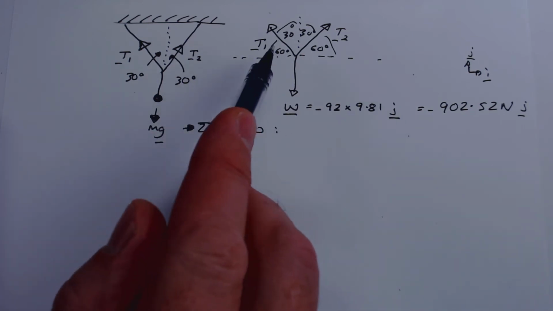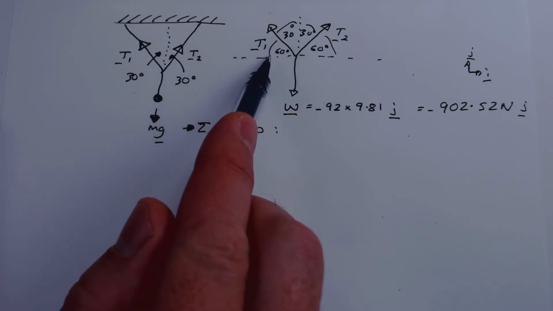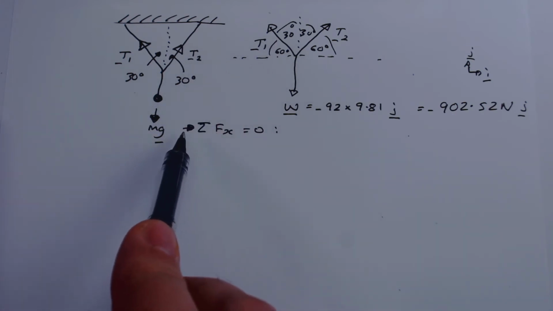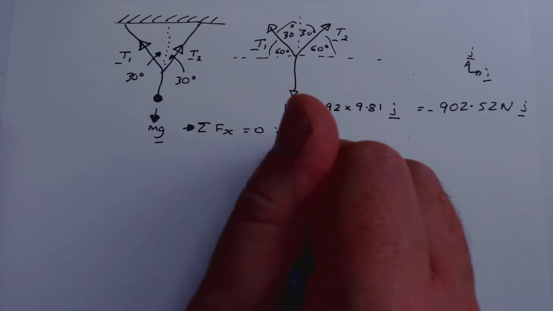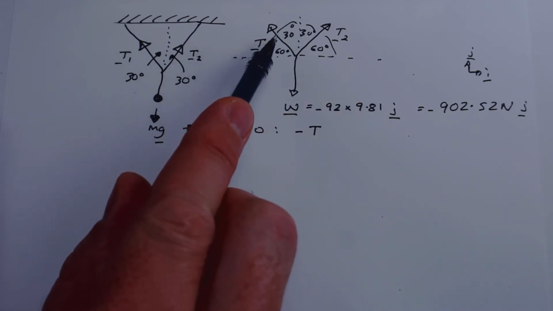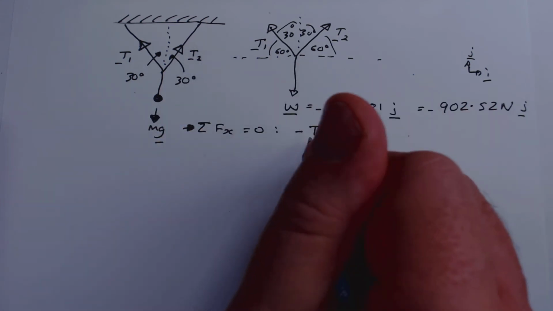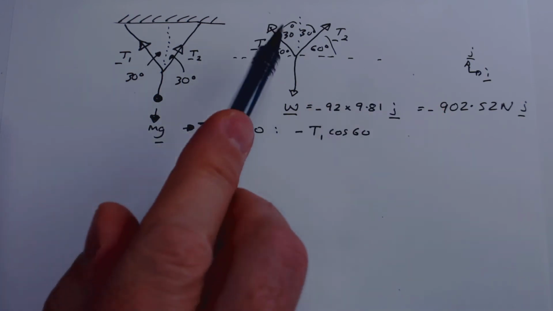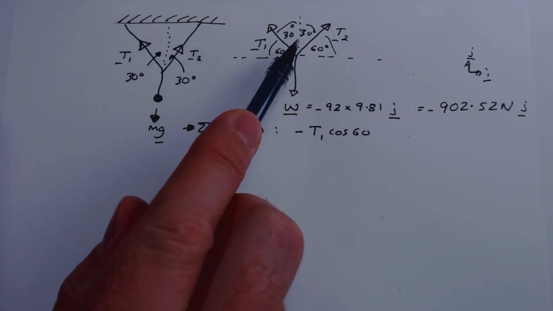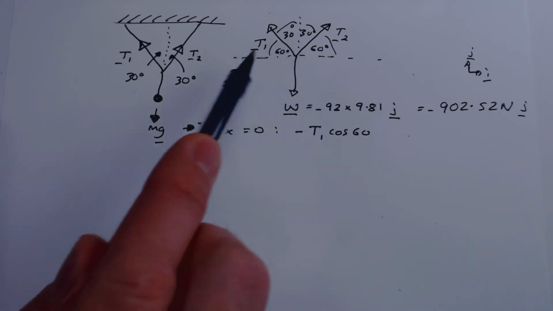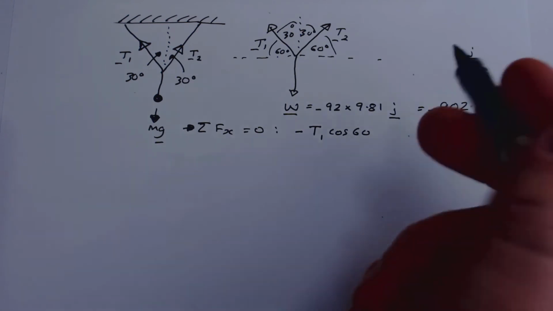So the first one I see is that I need to swing the T1 down to the horizontal, and it's going to be pointing in the opposite direction that I've decided is positive, so it's going to be minus. So I have minus T1, I've swung it through 60 degrees, so cos 60. This one here, I'm going to swing it through 60 degrees. This time it's going to be pointing left to right, so I'll be pointing in a positive direction.